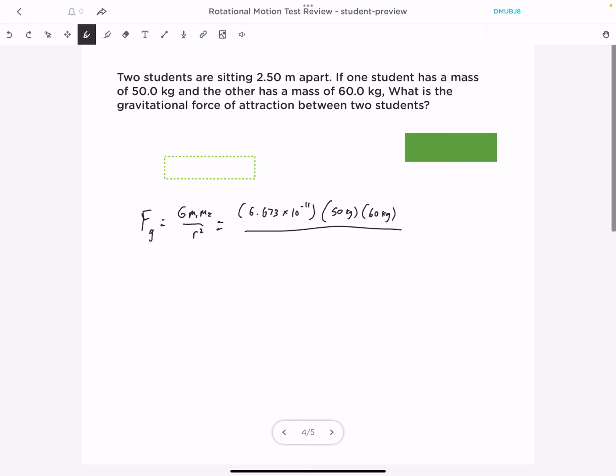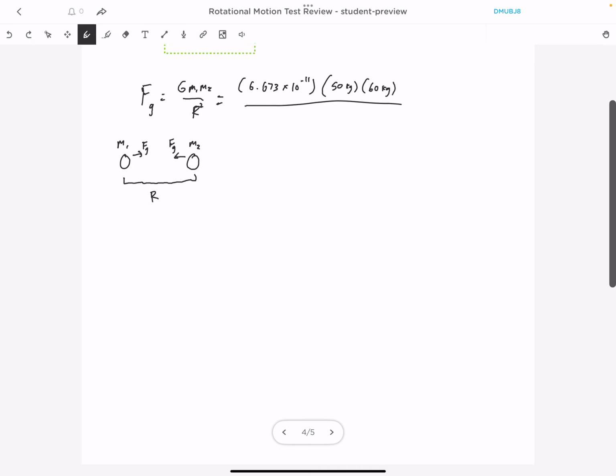squared. So this r, this is actually the distance between the masses. Actually, I like to use big R. So if I have mass 1 and mass 2, the distance between them, I like to use capital R for that. And the reason why is because in a lot of cases when we're looking at universal gravitation, we're going to be talking about orbits.